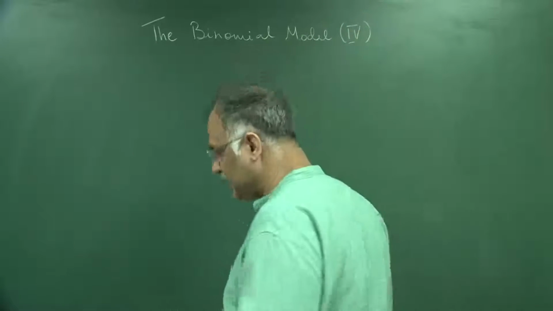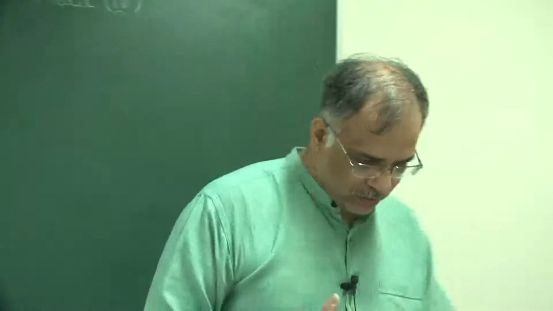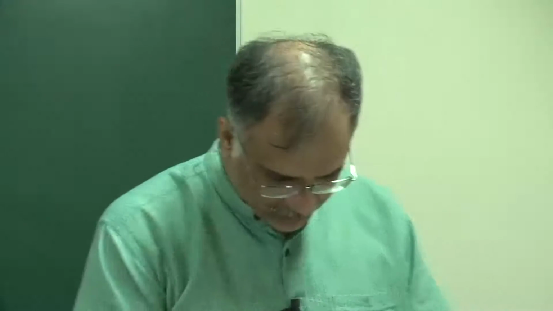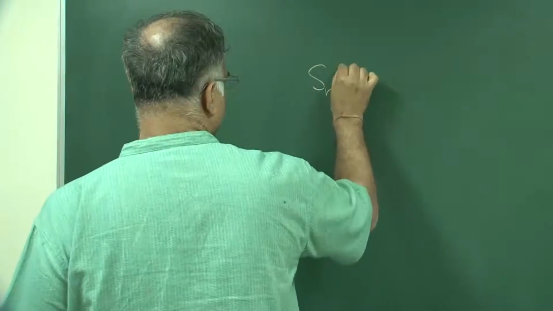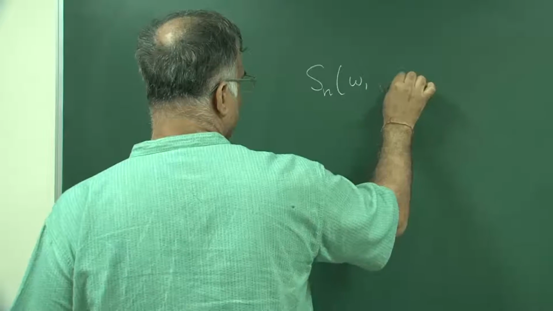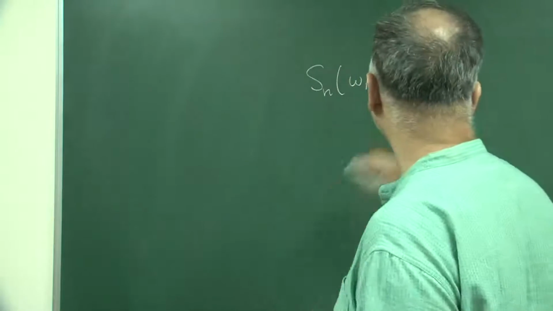So, we are now going to discuss various nature of the stock prices itself in terms of the risk neutral probability. If you have observed, going by what we have studied in the last lecture, the nth stock price can be given like this at time n, when you know what has come out.